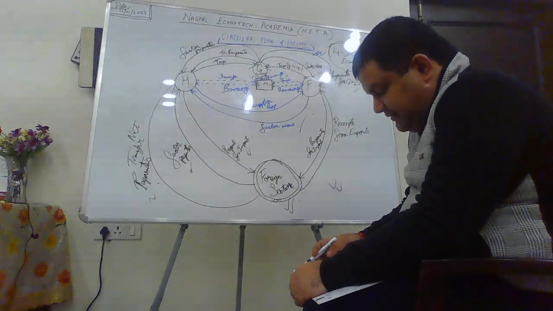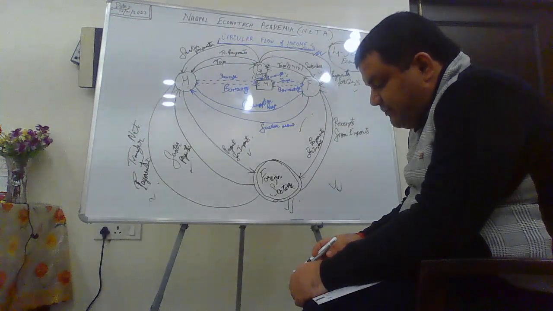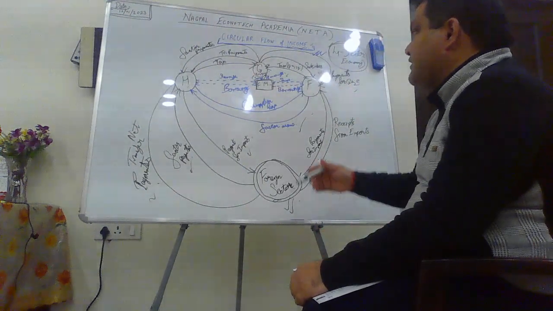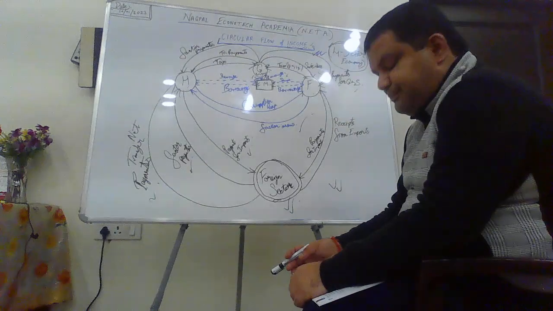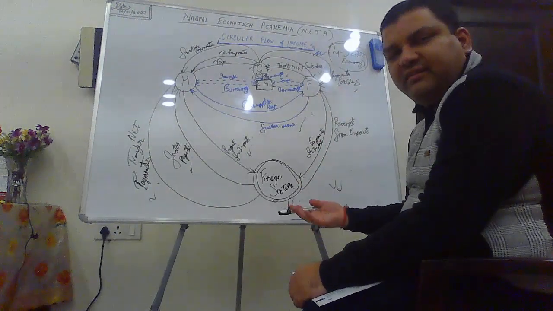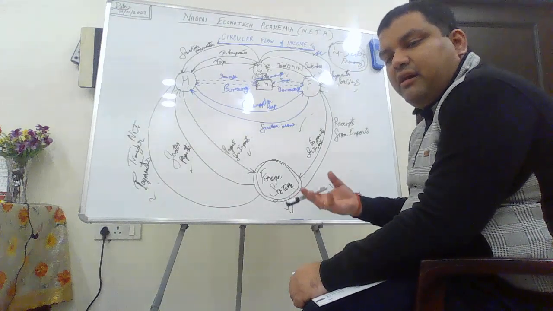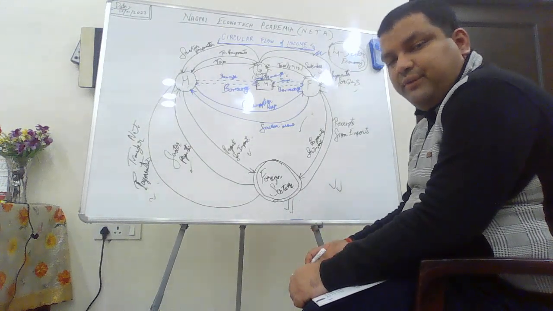The government basically makes factor payments to the households and also spends money on transfer payments and subsidies, the concepts which we have just studied in the diagram. I hope this is purely clear. The concept is clear like a crystal to all of you.